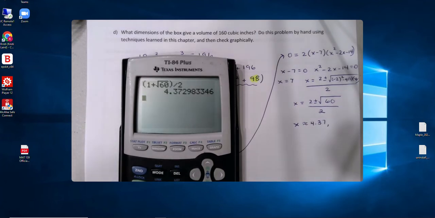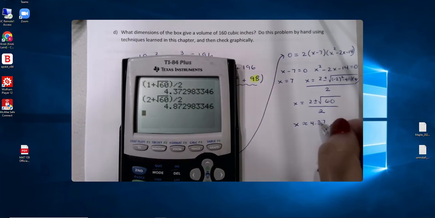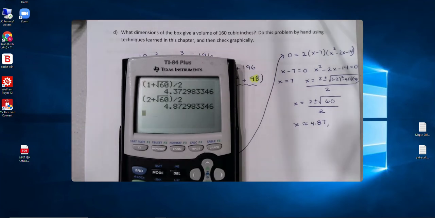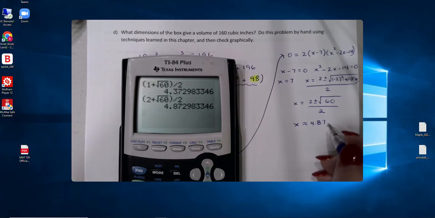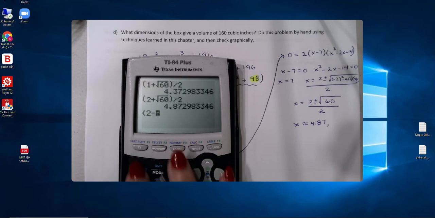Oh, I'm so sorry. I typed that in there wrong. Let's fix that. That should be 2 plus the square root of 60, not 1. There we go, 4.87. At least it was easy to fix. All right, and then the other one is 2 minus the square root of 60 divided by 2.